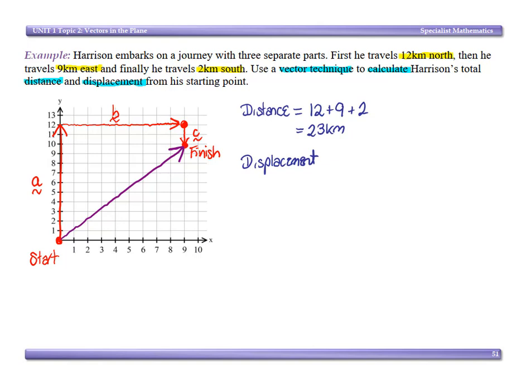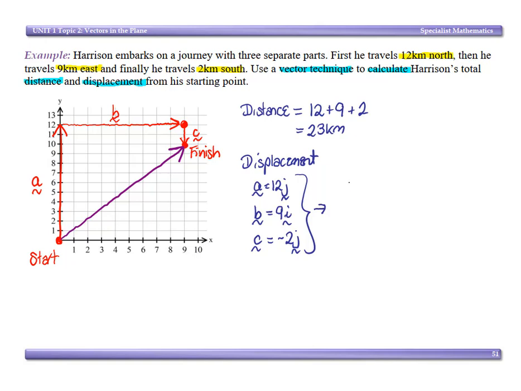You can do it with a diagram, which is quite straightforward to do, but I'm going to show you the vector technique first. So I can write my A is equal to 12j, my B is equal to 9i, and my C is equal to negative 2j. So they're my vectors.